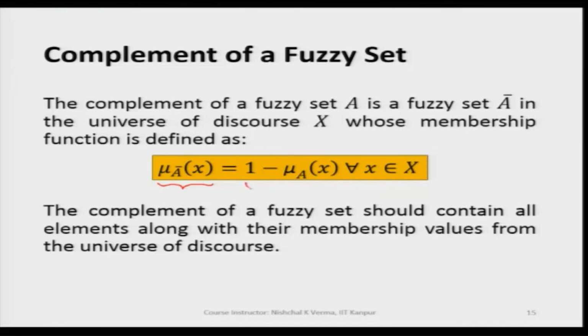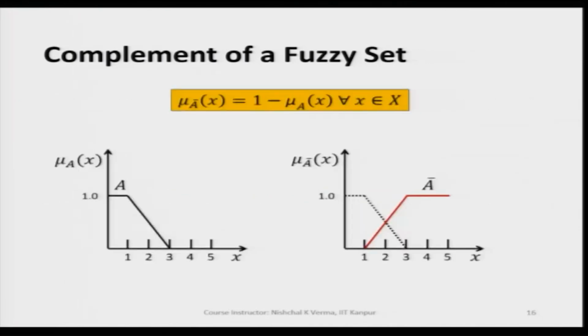This way if we follow, we get the membership values corresponding to the complement fuzzy set, and we can say that a complement of a fuzzy set should contain all the elements along with their membership values from the universe of discourse.